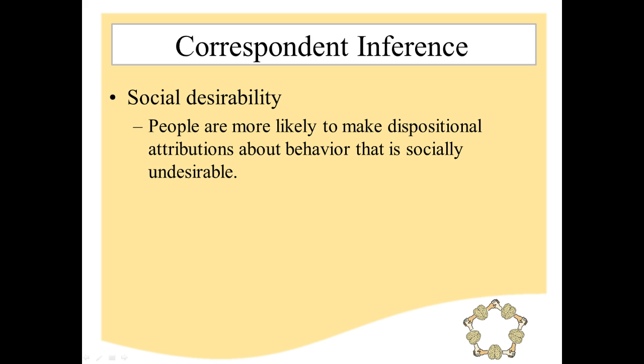So for example, being polite is a social norm. We all try to be as nice as possible. So if that boss went out of their way to perhaps be rude or a bit more aggressive, then that's an undesirable behaviour. So we're much more likely to attribute that to the boss's personality characteristic than to a situational event.